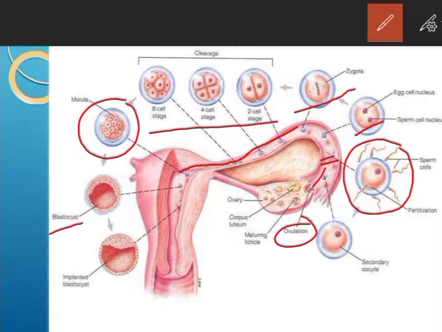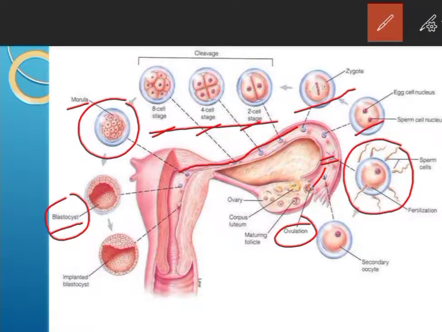Mitotic division takes place, which leads to the formation of the 2, 4, 8, 16 cell stage, and those cells are blastomeres. The 8 to 16 blastomere cell stage is known as morula. Morula will again continue to divide and it gets transformed into a blastocyst.